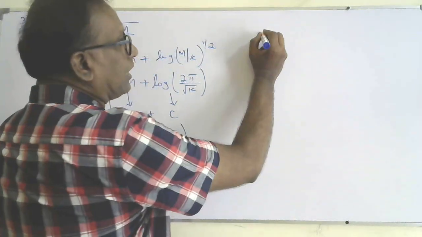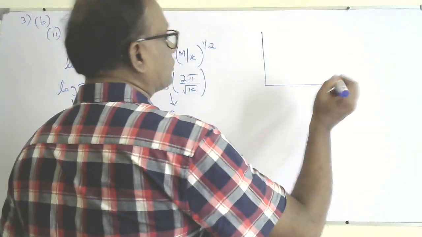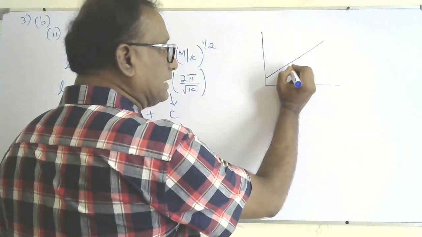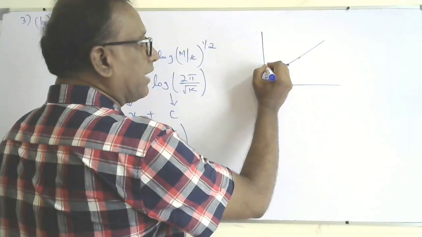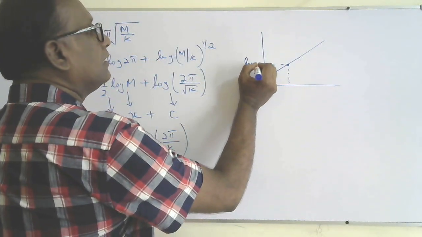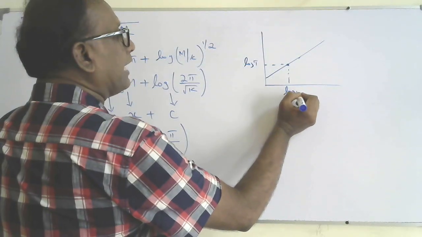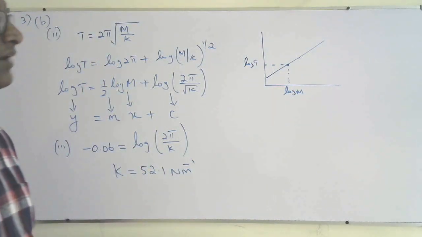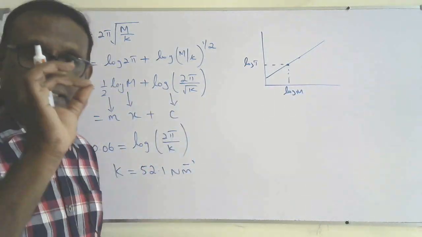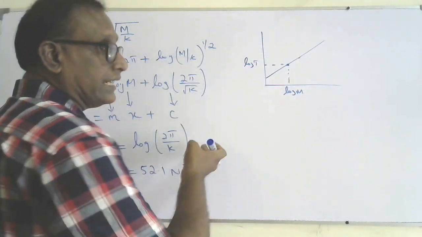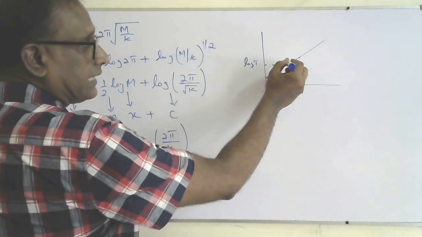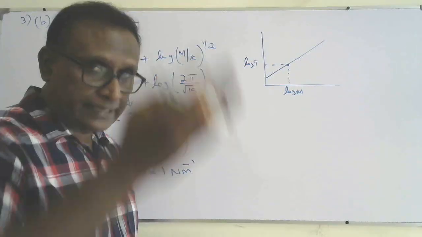In case you are unable to get the y-intercept point on your graph, take a clear point on your line, on the best fit line. From that, find the y value and x value. The y value will be log t and the x value will be log m. Don't take the readings; you should take it from a point on the line.